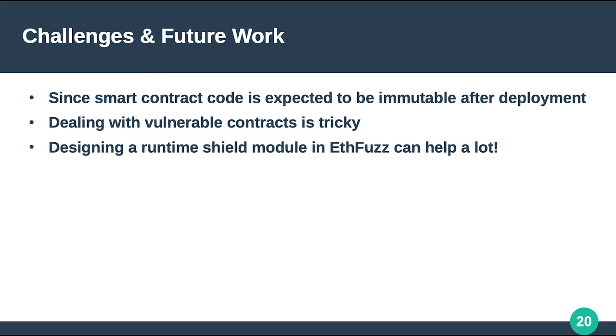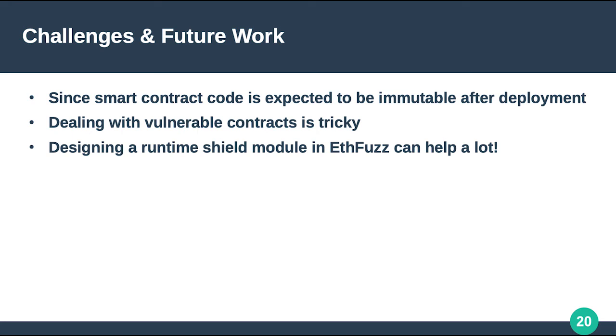It's not feasible in many cases, since other contracts might reference the address of the vulnerable contract, because in this ecosystem contracts actually communicate with each other. It can really hurt the vulnerable application and the whole ecosystem.